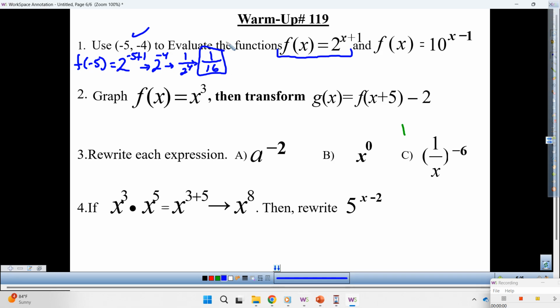Check your work. That was -5. Now I'm going to do -4. F of -4 equals 2 to the -4 plus 1. That is 2 to the -3, which is 1 over 2 to the 3rd, which is 1 over 8.